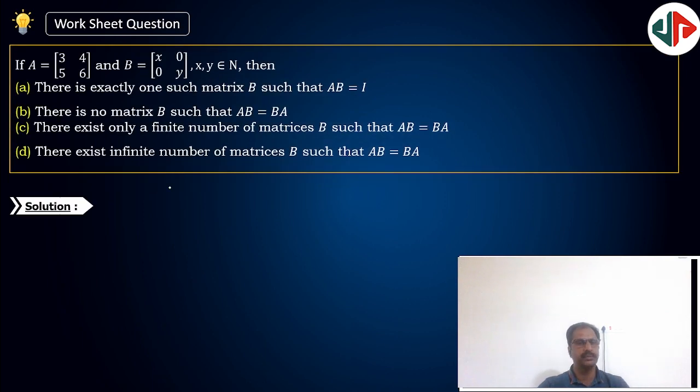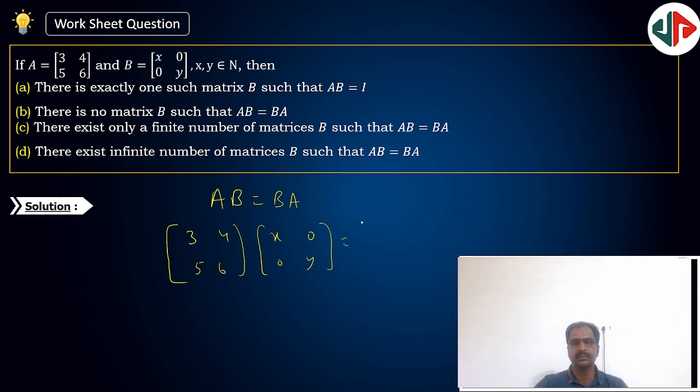Next, matrices A and B are given. And if you look at options, you have to find how many matrices are there for B such that AB is equal to BA. So given condition is AB is equal to BA. For this to be possible, how many matrices are there for B? What is A? 3, 4, 5, 6. B is x, 0, 0, y.